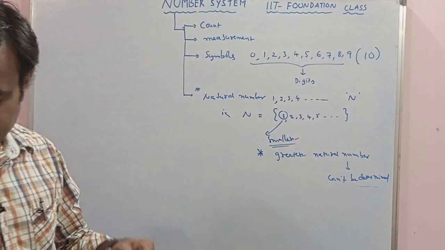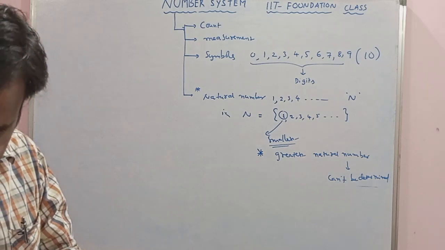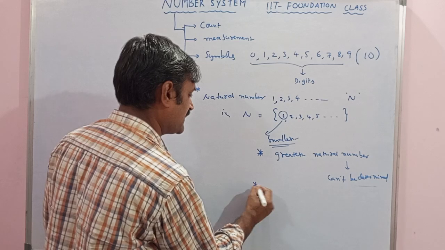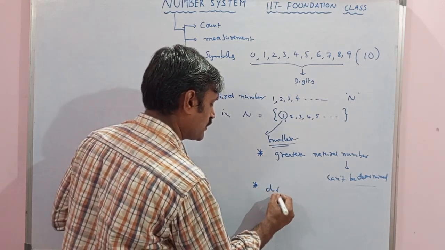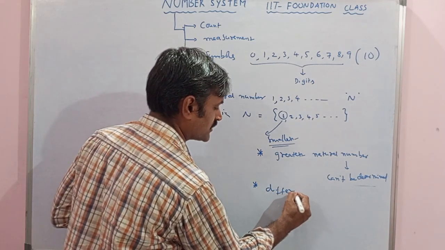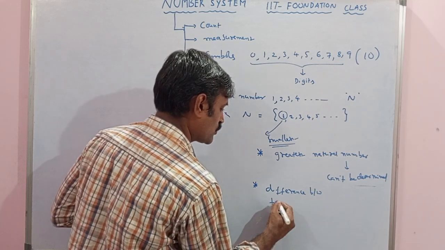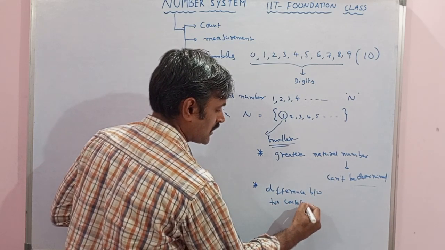What is exactly the difference between two consecutive natural numbers?